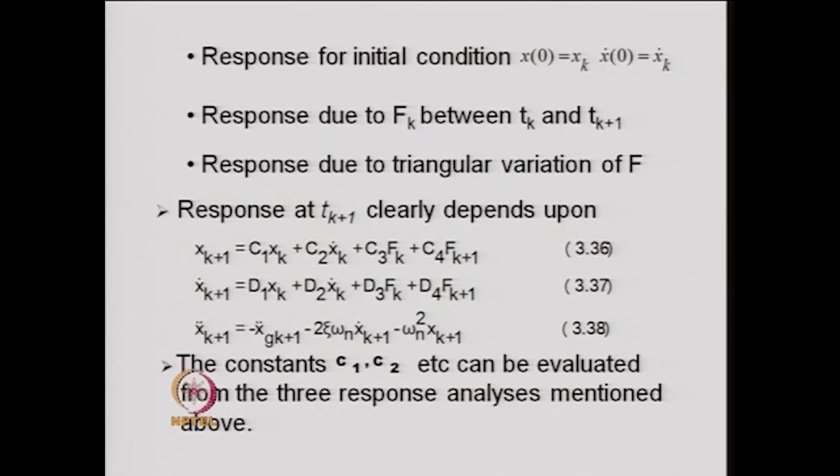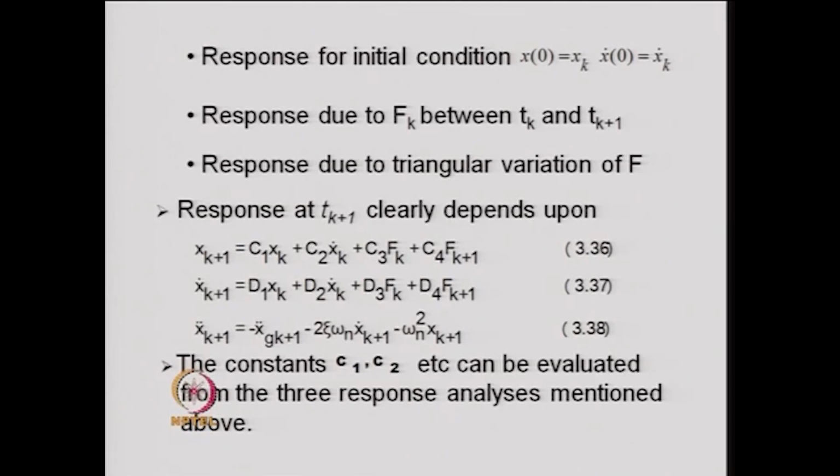That is, the initial condition that exists at the time step k. With that initial condition, the single degree of freedom system vibrates as a damped free oscillator, and because of this vibration there will be some response produced at t k plus 1, that is, the next time step.